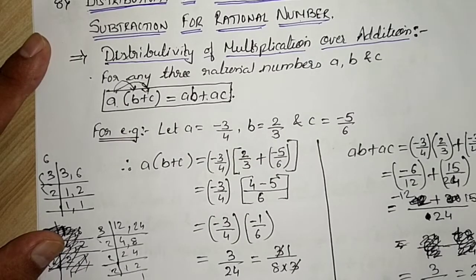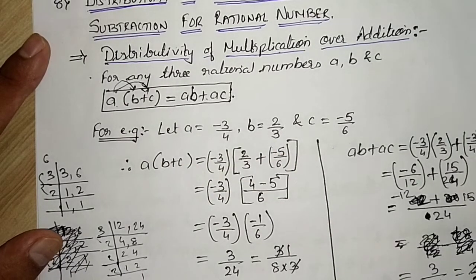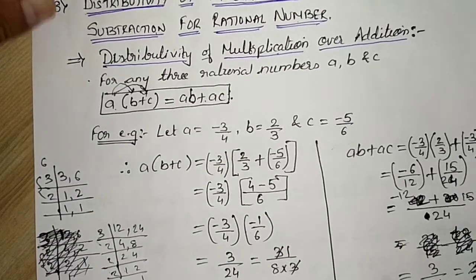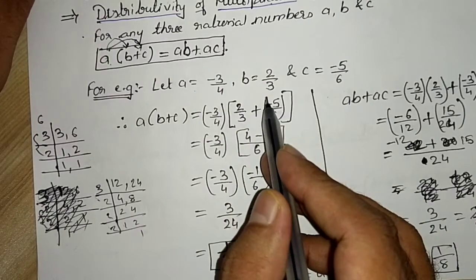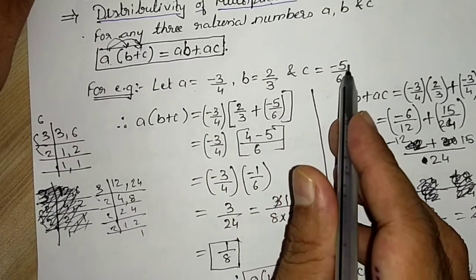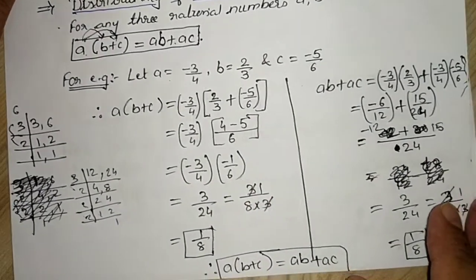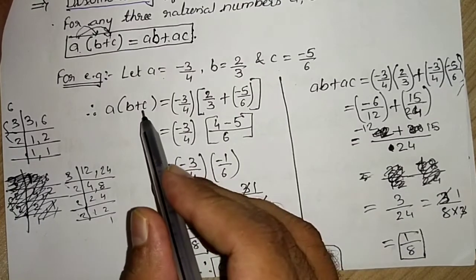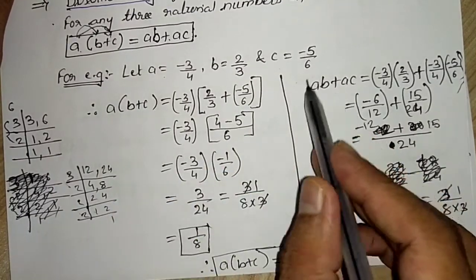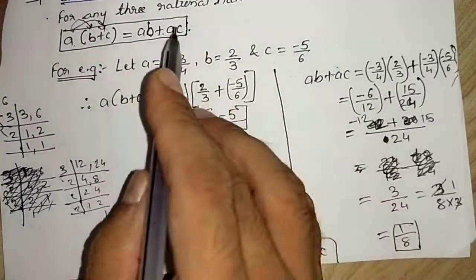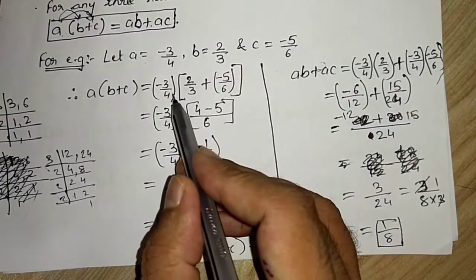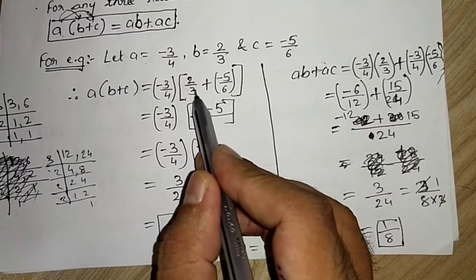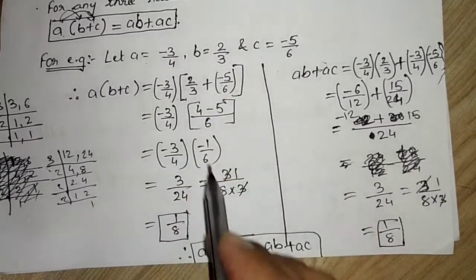If not understood, let me show you with an example. Here let a be 3 divided by 4, b be 2 divided by 3 and c be minus 5 divided by 6. I have separated LHS and RHS. Let me see if both are equal. First I take a into bracket b plus c.